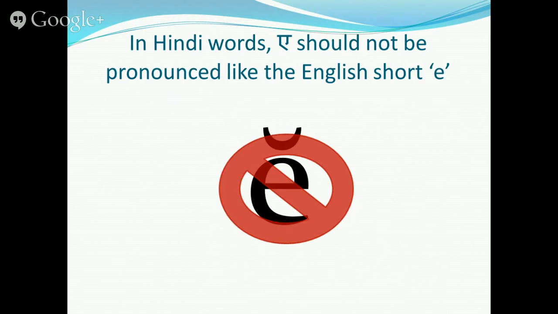And so here we're gonna address a problem that is often difficult for English speakers. The letter A should not be pronounced like the English short E sound, which is eh. So A, in most cases, in Hindi words, not English words, sometimes we have English words that make it into Hindi, and you'll see those occasionally.